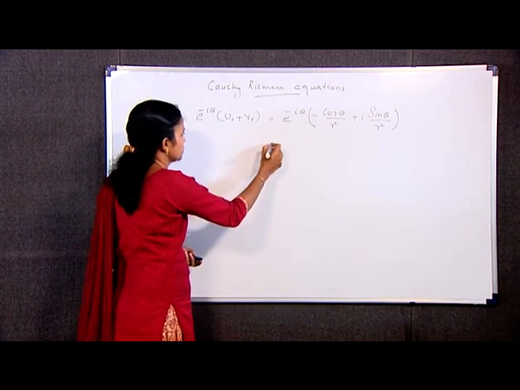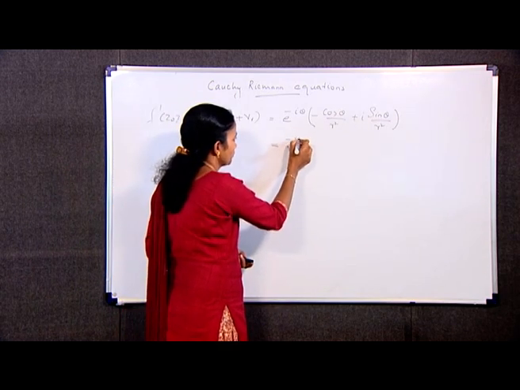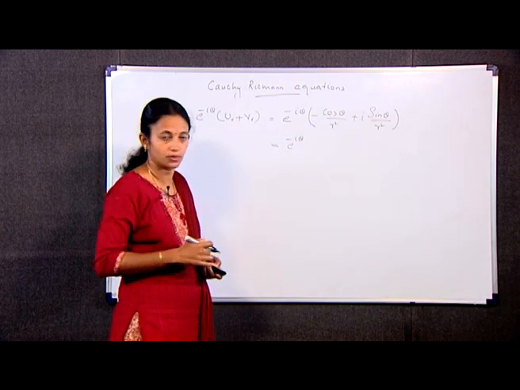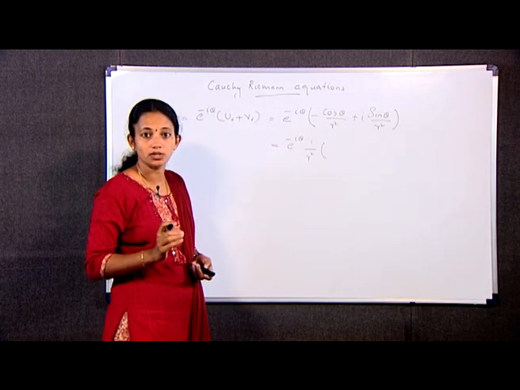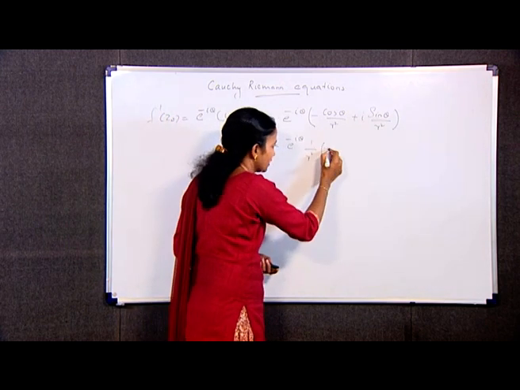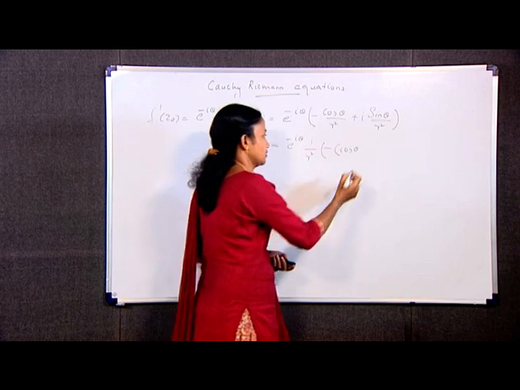Which is equal to e raised to minus i theta into, taking r square outside, 1 by r square into minus cos theta, and taking minus outside, (cos theta minus i sin theta).